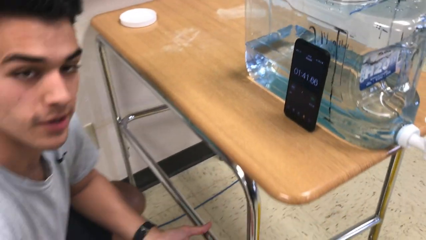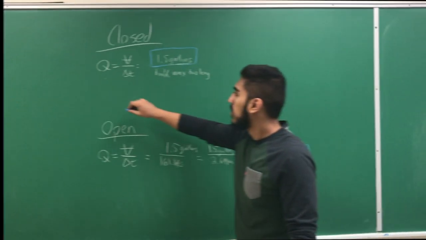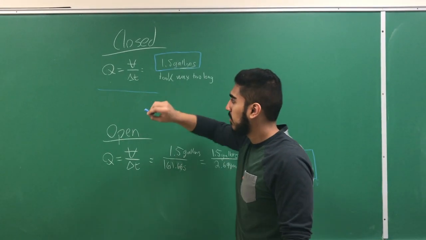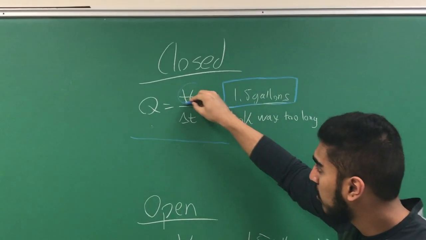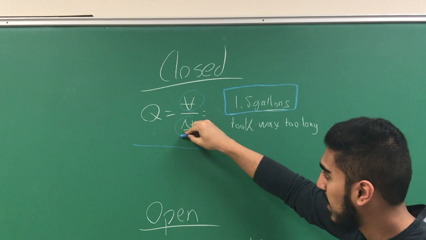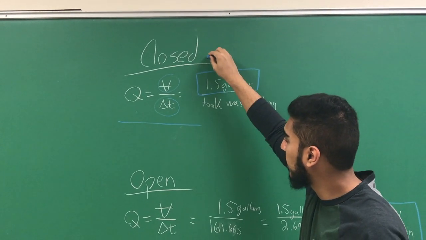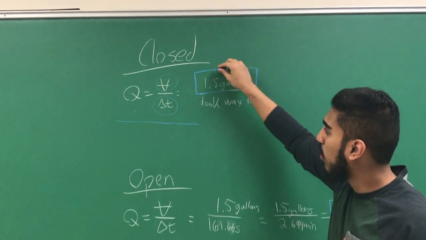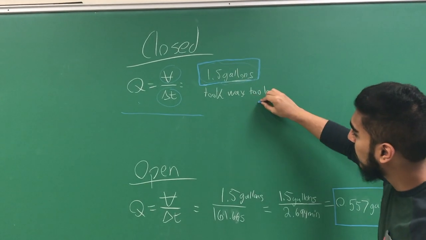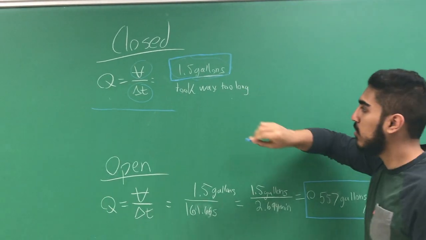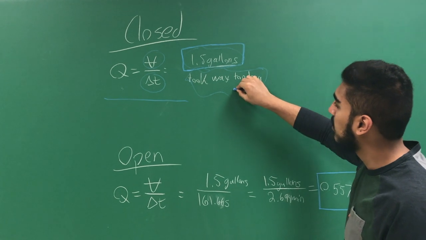So now the next thing we're going to do is calculate the flow rates coming out of the jug. Now we come over here to calculate the flow rate. The flow rate is given by the volume divided by the total time taken. And for the closed part of the experiment, we drained 1.5 gallons of water, but the time it took was too long, so we didn't get the approximate time.